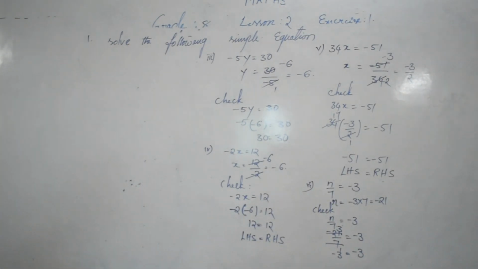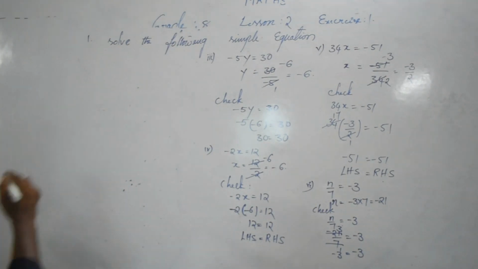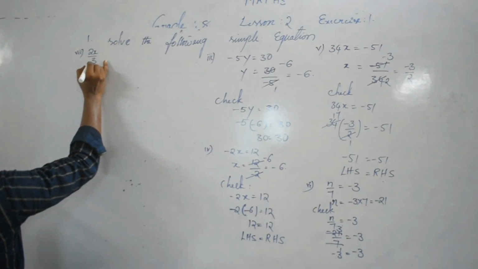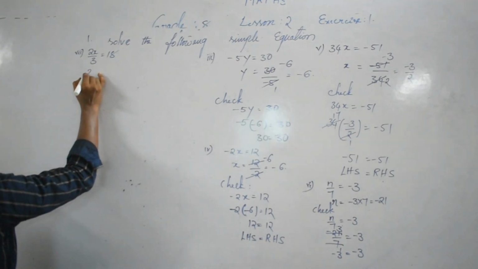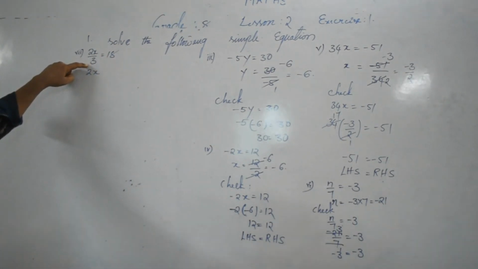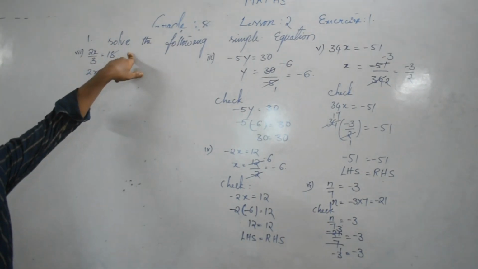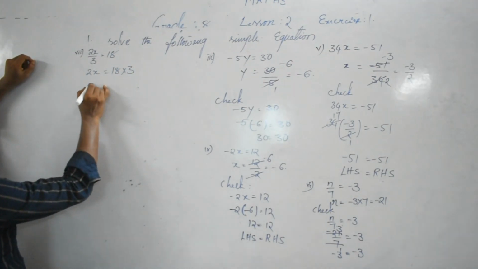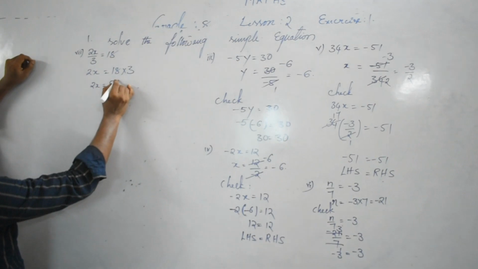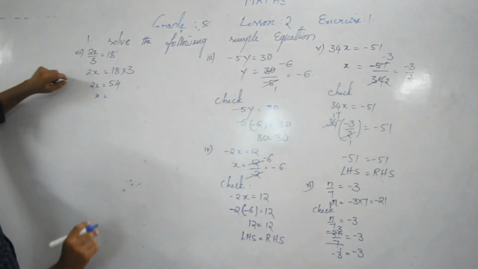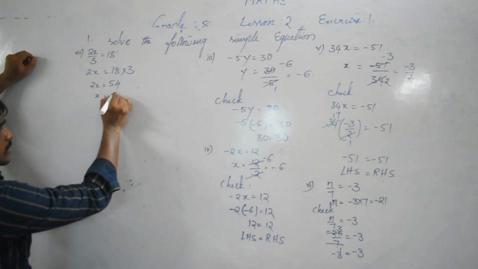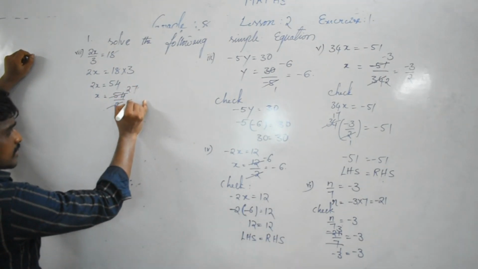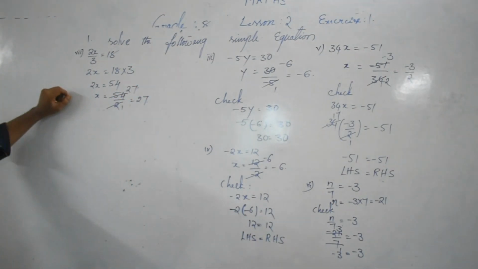Here see, seventh one. 2x by 3 is equal to 18. So 2x equal to 3 into 18, 2x equal to 54. x equal to, now 2 transferring to RHS, 54 by 2. 2 ones are 2, 2 27s are 54. x equal to 27.